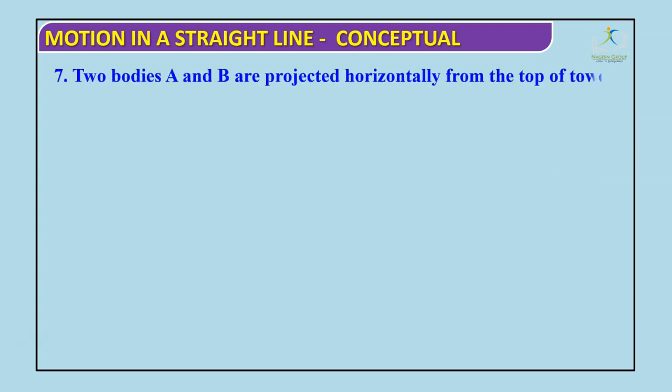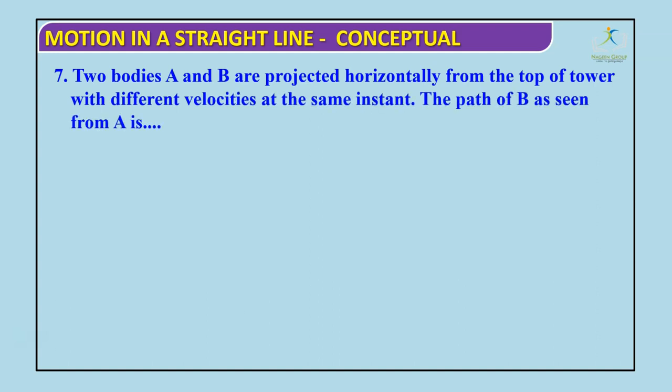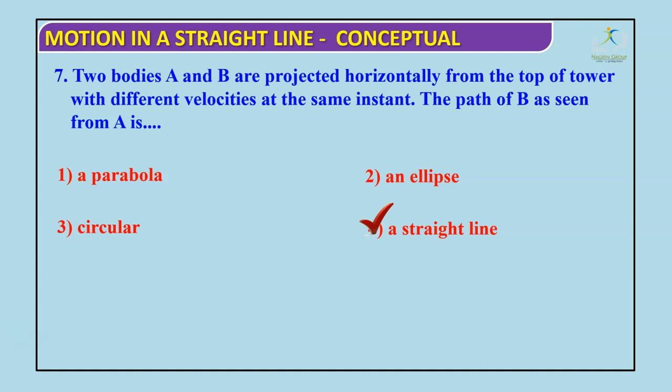Next, two bodies A and B are projected horizontally from the top of a tower with different velocities at the same instant. The path of B as seen from A is a parabola, an ellipse, circular, or a straight line. The correct answer is a straight line.